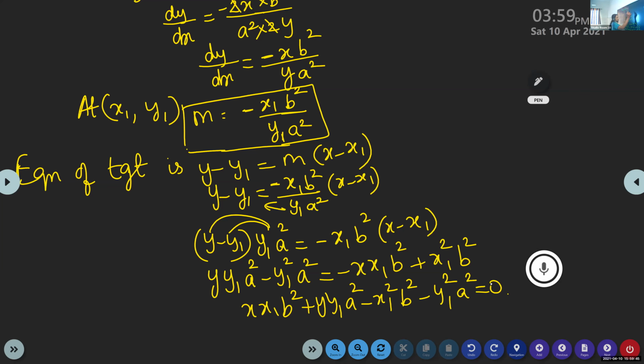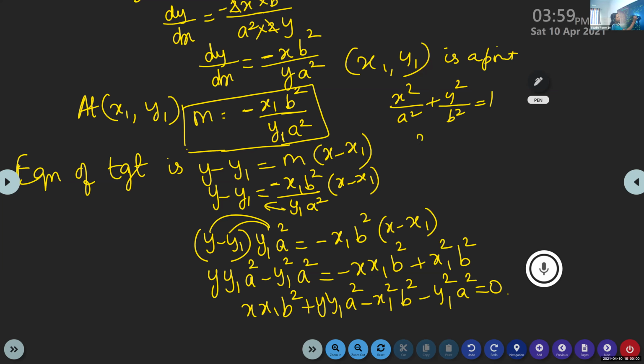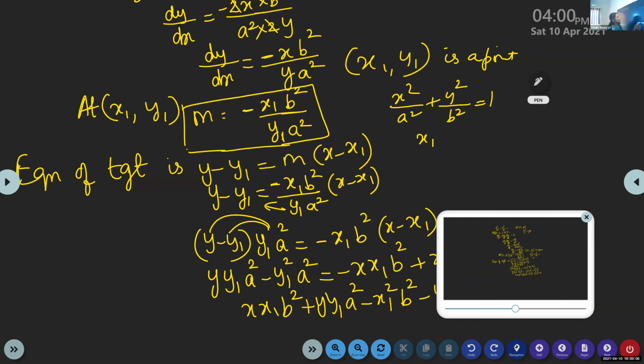Now listen here, children. x1, y1 is a point on the ellipse x square by a square plus y square by b square is equal to 1. So it will satisfy the equation of the ellipse.